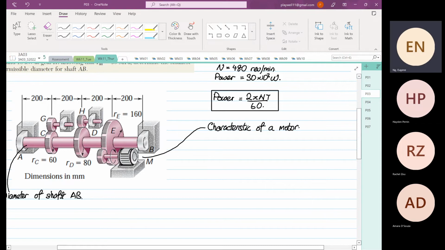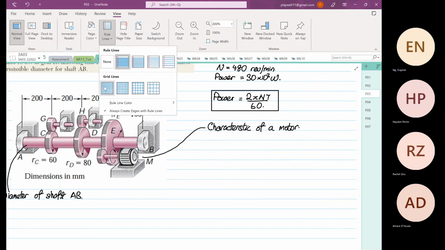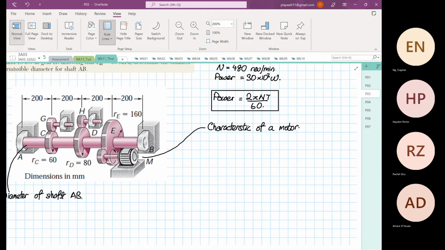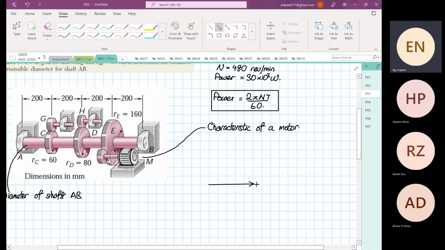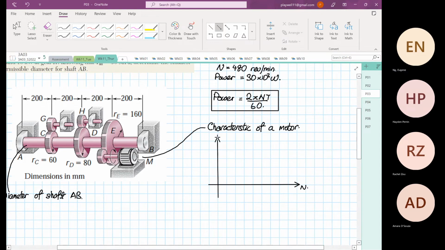Okay. So what do I mean by characteristic? Those of you who are interested in cars, you have seen this before. So what we have is N, which is the number of revolution, and then you have power.